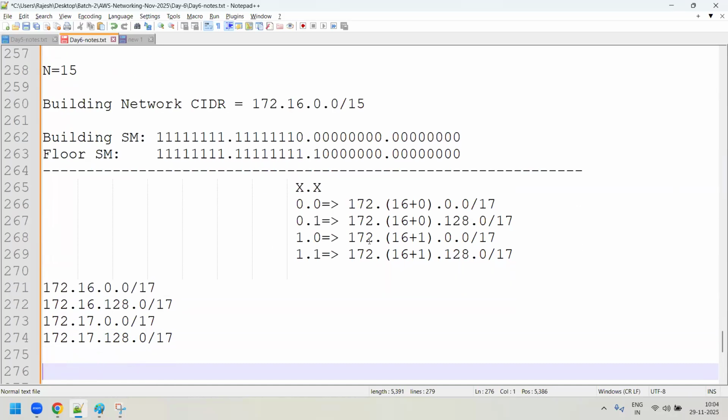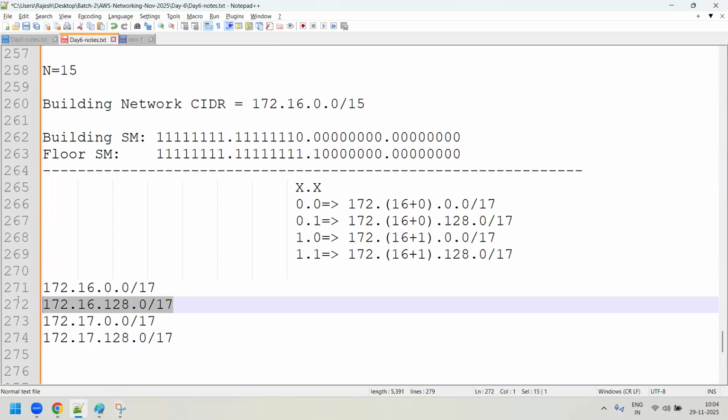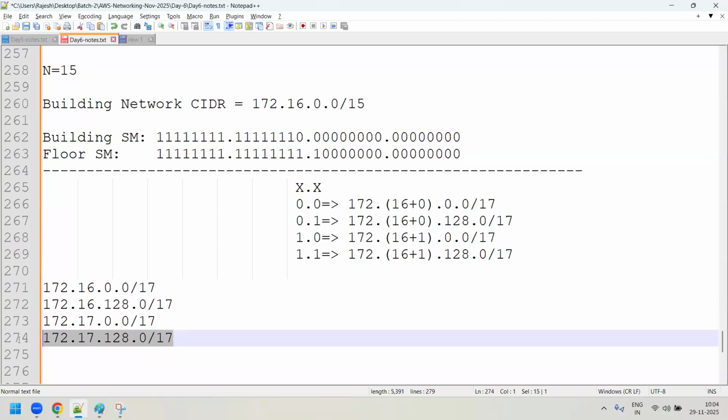These are your network design, guys. This is the subnet you're going to give. This is a CIDR for your first floor, second floor, third floor, and the fourth floor.